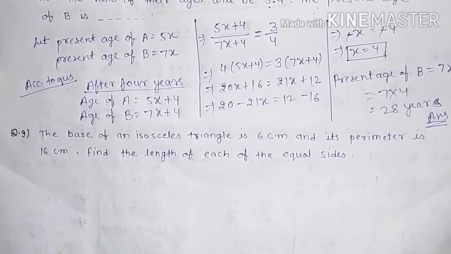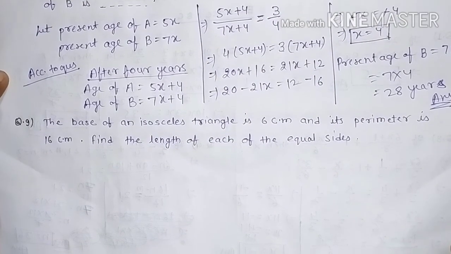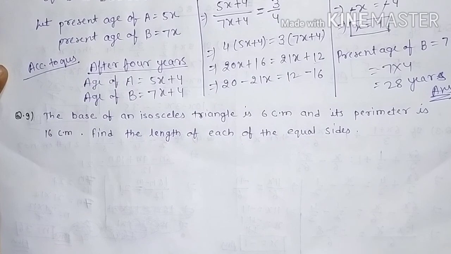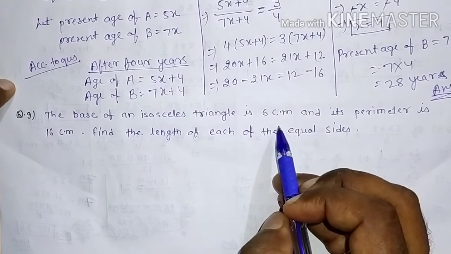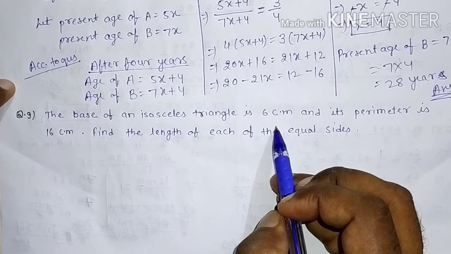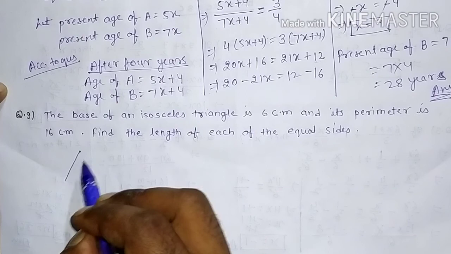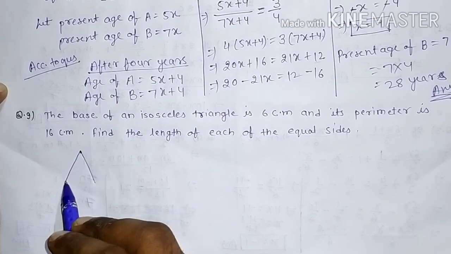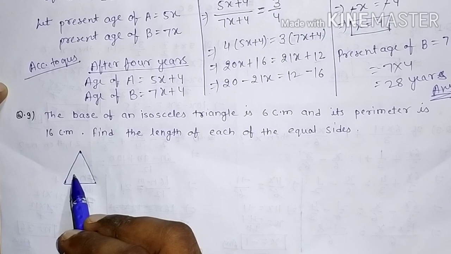Now the last question, that is question number 9. The base of an isosceles triangle is 6 centimeter. So first of all, we know the isosceles triangle, let's suppose this is an isosceles triangle, and we know that the two sides of an isosceles triangle are equal.